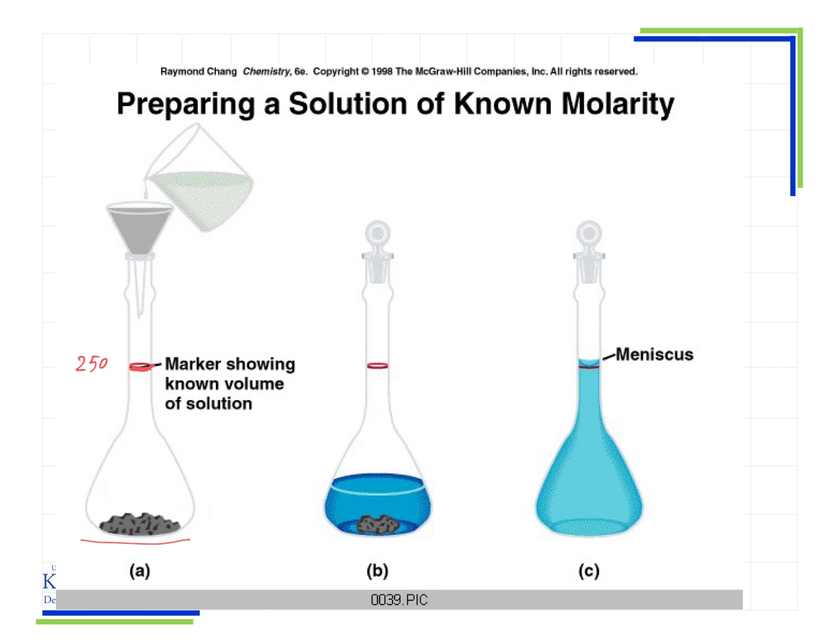So they weigh out the mass which is needed to make, for example, the 1 molar solution, and they add the salt or the solute, any kind of solute, to the flask, and they start to add water as a solvent.